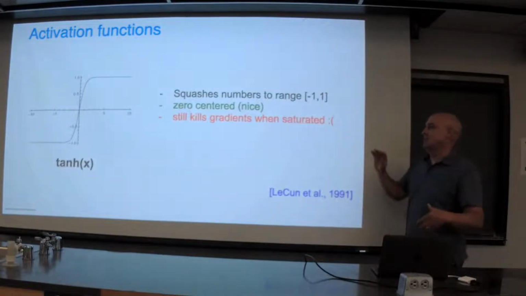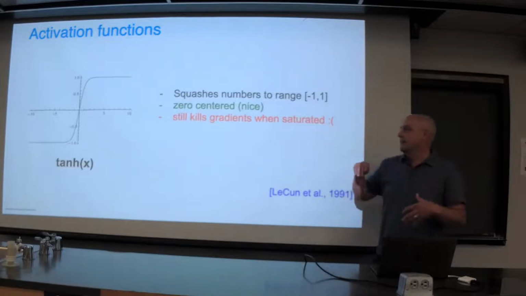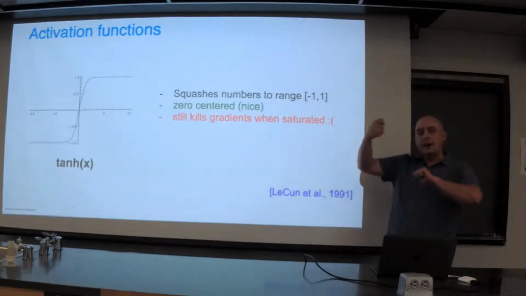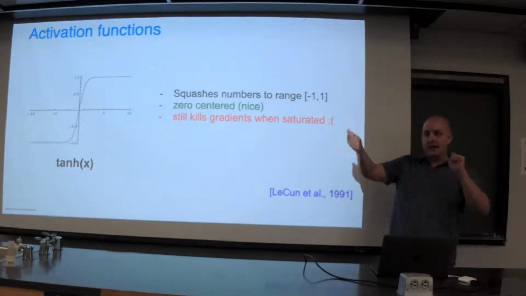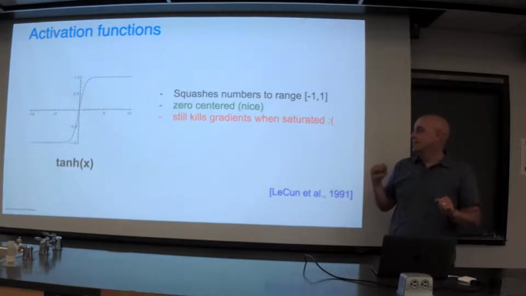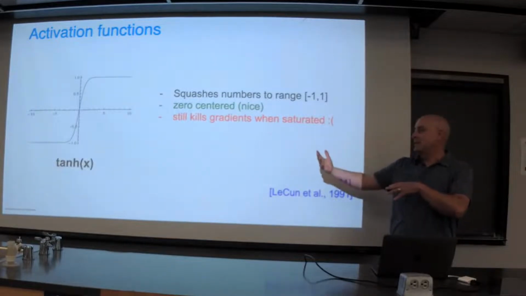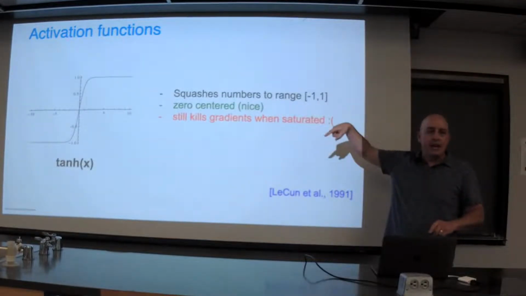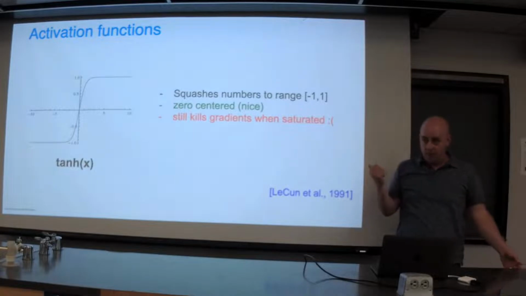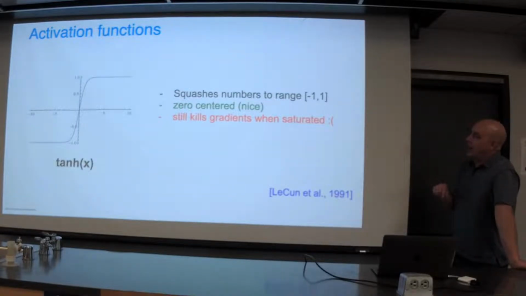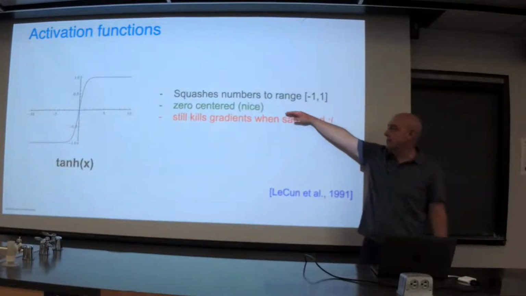But this now is an odd function about 0, so it's got this nice symmetry, and that's going to at least overcome the weird stepping behavior that the sigmoids would give you. And so that's good. Centered is good for that reason.